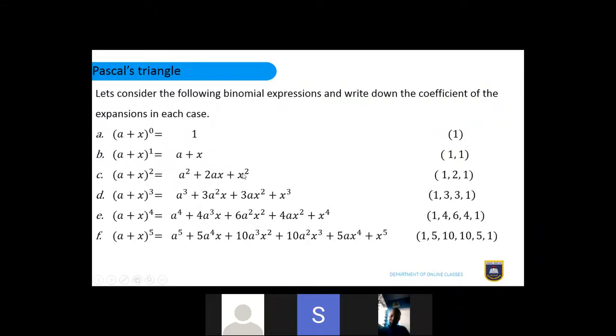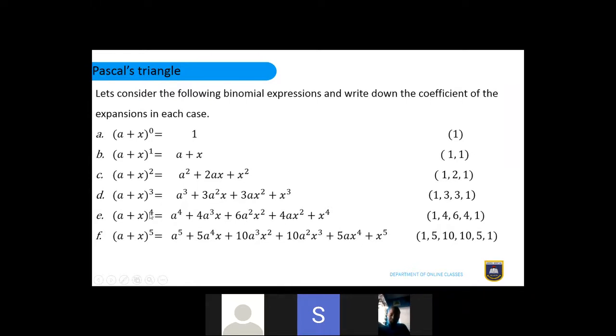So you see that when the power of the first term is decreasing in magnitude, the power of the second term is increasing in magnitude. Always bear in mind, the first term and the last term will have the power of the exponent in the binomial. So when you check for exponent 5, the first term, the highest power there is exponent 5. The last term, the highest power is also exponent 5.